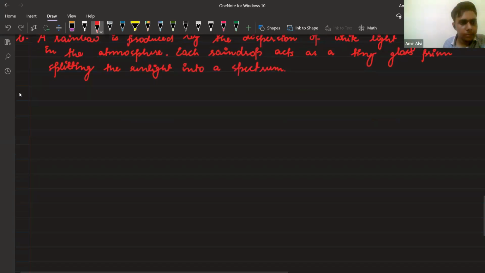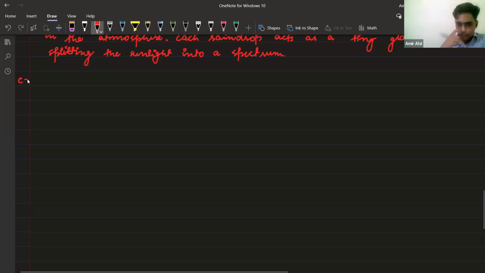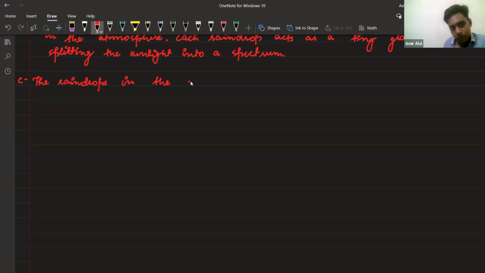So the C part is that the raindrops in the atmosphere basically act like many small prisms.